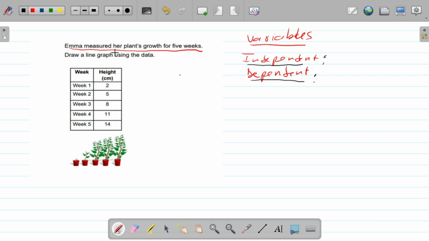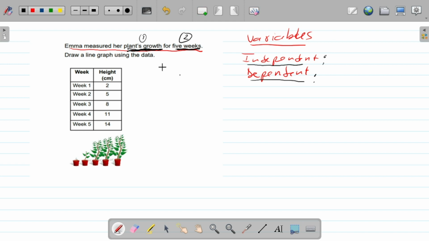Emma measured what? Her plant's growth. So the growth of a plant is a variable over 5 weeks, so for a certain amount of time. So the time in weeks basically is a variable. We need to take these two, 1 and 2, and then identify which one is the dependent variable and which one is the independent variable.